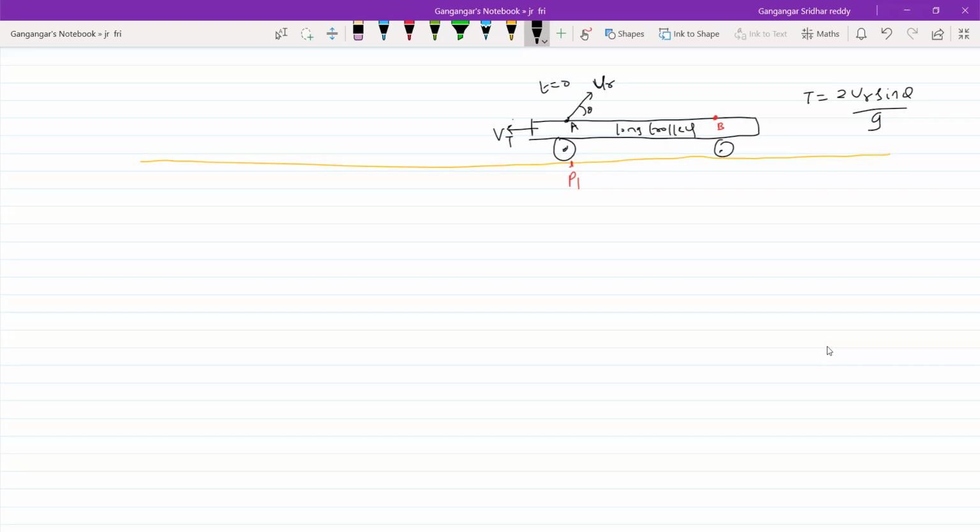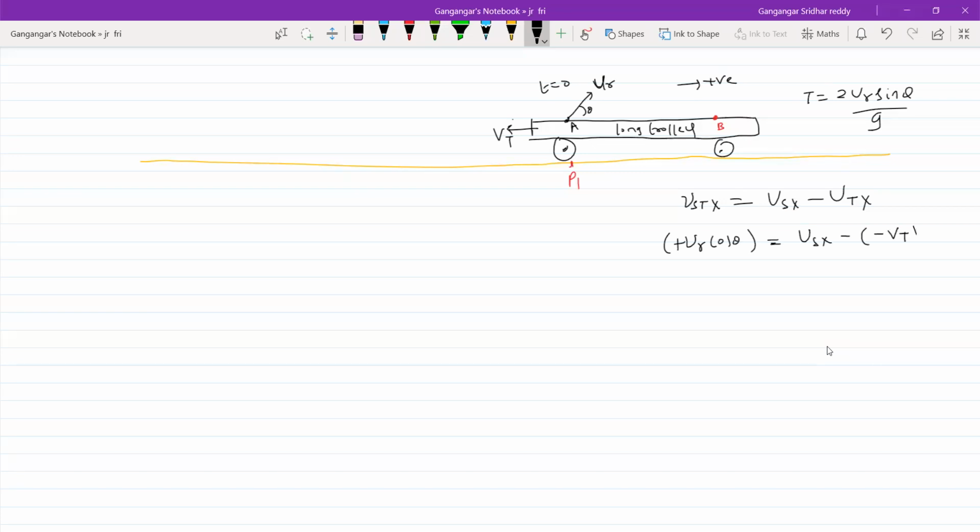What are the calculations? So I'll proceed like this. Velocity of the stone with respect to trolley along x-axis equals velocity of stone with respect to ground minus velocity of trolley with respect to ground. Anything directed towards right is positive for us. So velocity of stone with respect to ground along x-axis should be ur cos theta, which is positive. Velocity of stone with respect to ground, we don't know this.